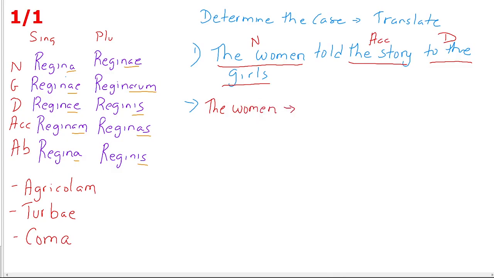So is it singular or is it plural? Plural. So we know that femina is the Latin word for woman. What would be the nominative plural? Feminae. Then what is the word for story? Fabula, right?